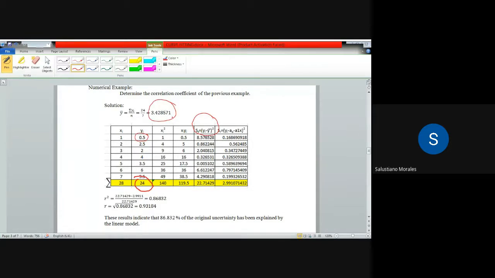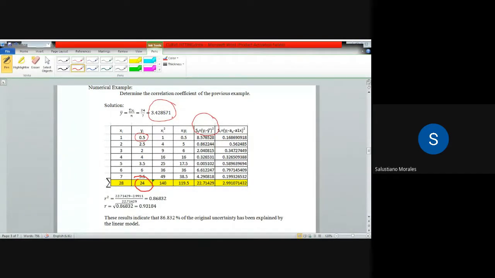So we compute 0.5 minus the mean, 3.428571, then square that. The resulting value is 8.5 something. Then for the 0.86, it is the same: 2.5 minus 3.4 something, then squared, and so on.